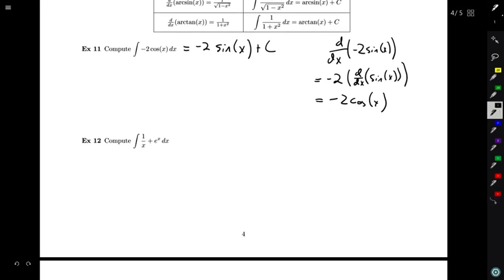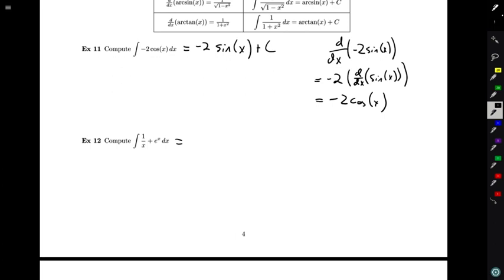Next up, we want to think about, well, what's the integral of 1 over x plus e to the x? And one thing that we know about derivatives is that the derivative of a sum is the sum of derivatives. Meaning that here, if I want to reverse that process, so if I want to find a function whose derivative is 1 over x plus e to the x, well, I'd better think about the antiderivatives of the individual pieces.